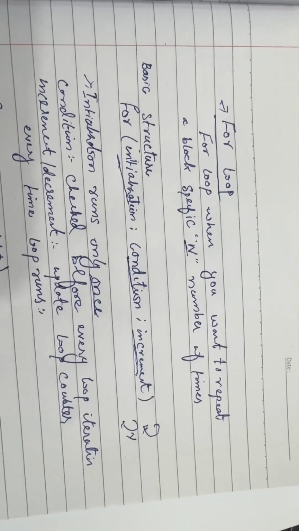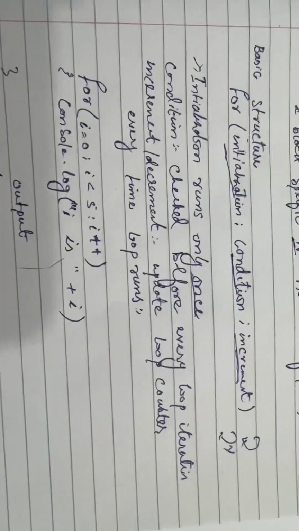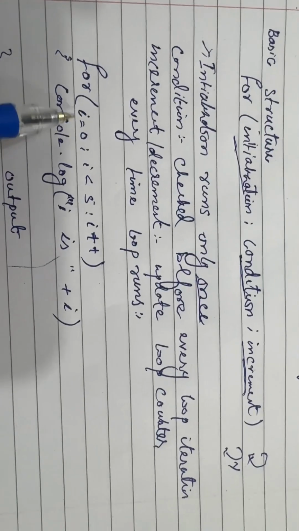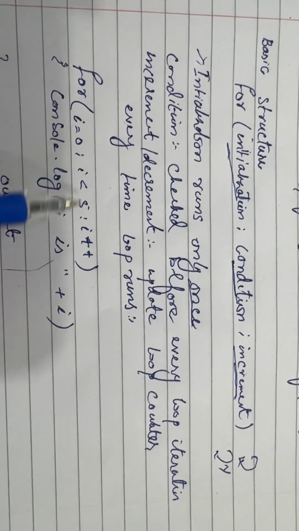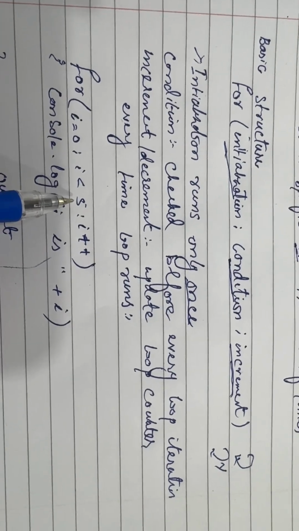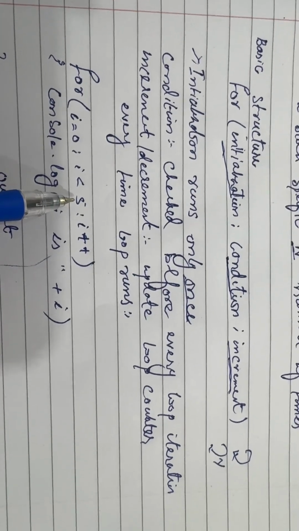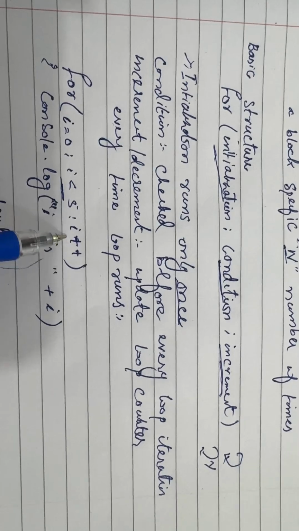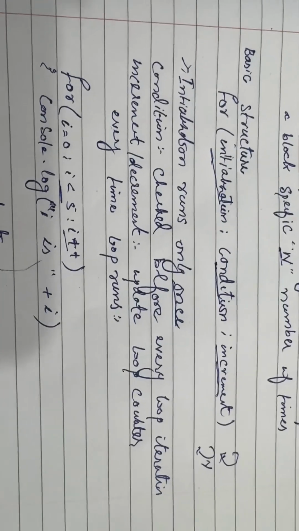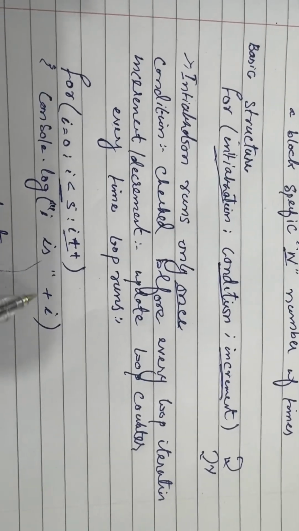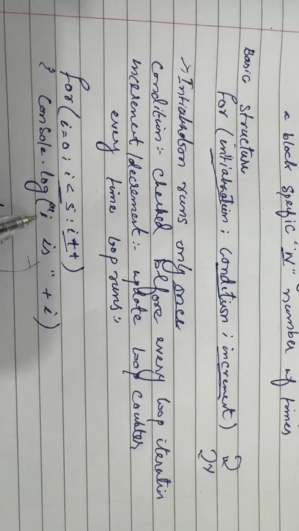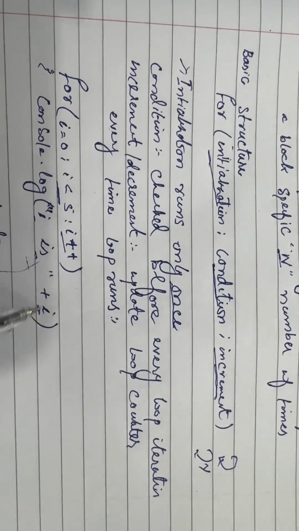You must remember this. Then there's a simple example. Say I want to run a loop that starts from 0. The condition is that i is less than 5, and each time we increment the iterator. Every time I'm going to print the value of i.